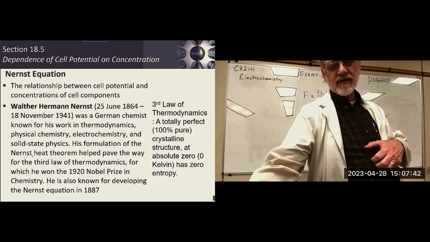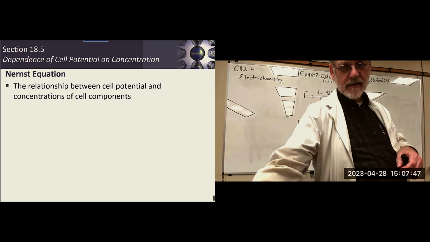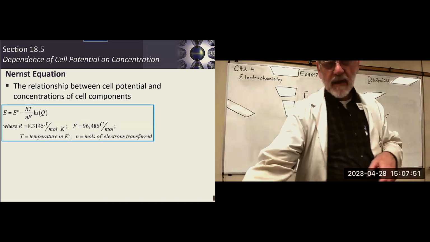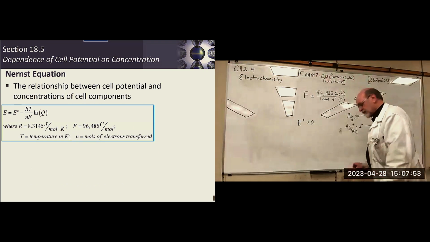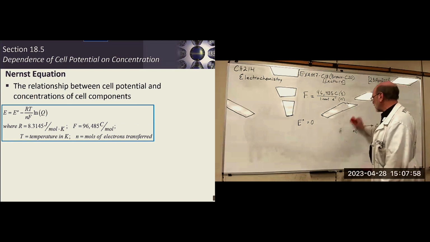He actually got a Nobel Prize for his work on thermodynamics. Here we go. This is the full-blown Nernst equation right there at the upper left-hand corner of that blue box.